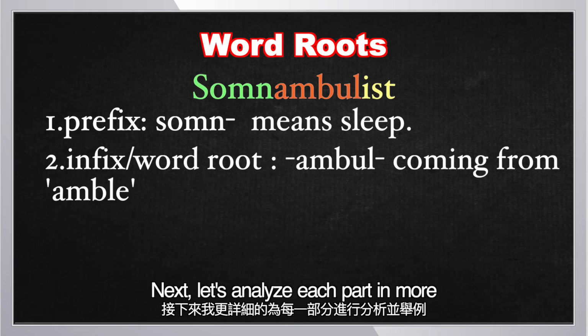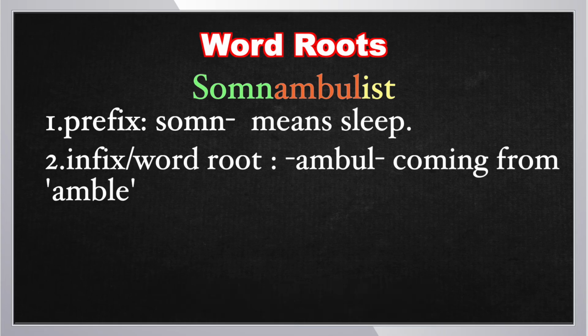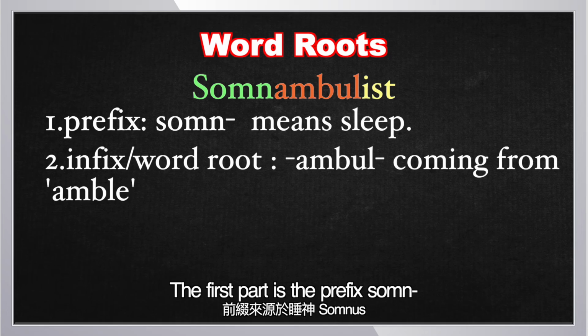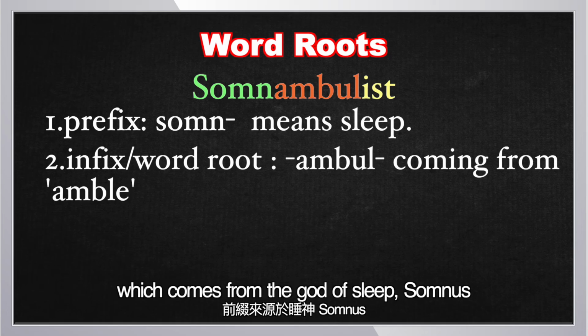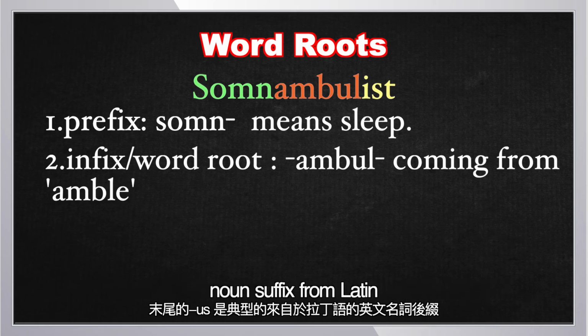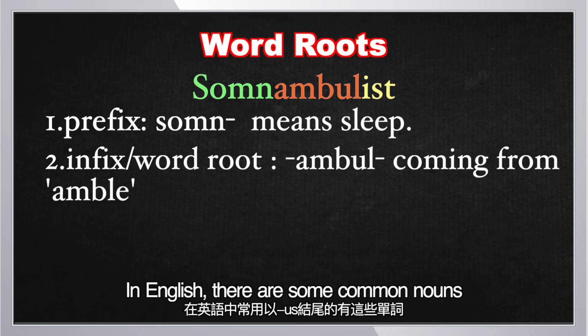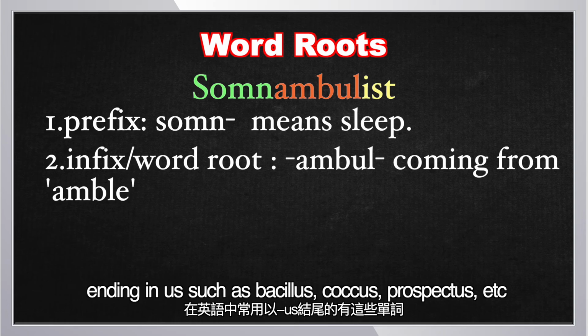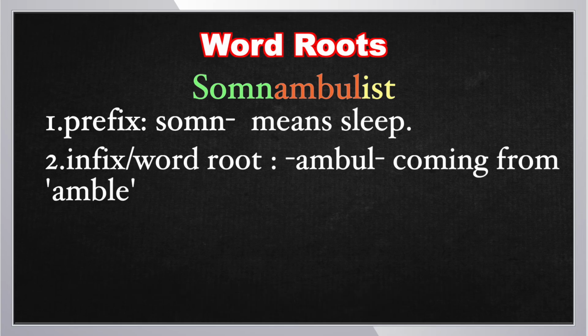Next, let's analyze each part in more detail and give you a few examples. The first part is the prefix somn, which comes from the god of sleep, Somnus. In this word, the last two letters, us, is a typical English noun suffix from Latin. In English, there are some common nouns ending in us, such as bacillus, coccus, prospectus, and so on.